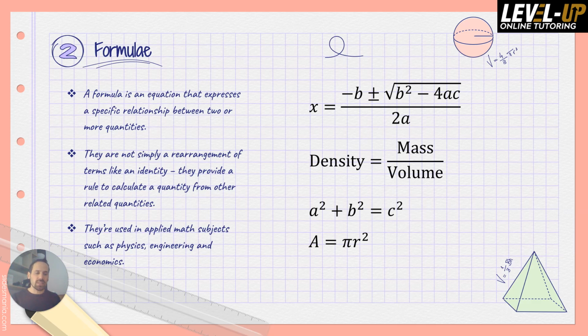This is something known as Pythagoras' theorem from trigonometry, which relates the three sides of a right angle triangle. So that's one formula that we can then use. If we know two sides, we can always find the third. And then A equals pi r squared. That's the area of a circle. It shows how the area of the circle is related to its radius, and vice versa.